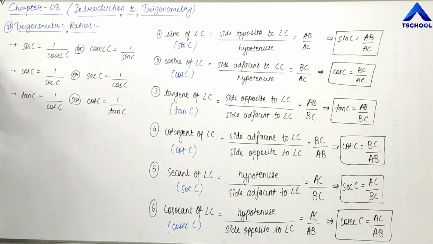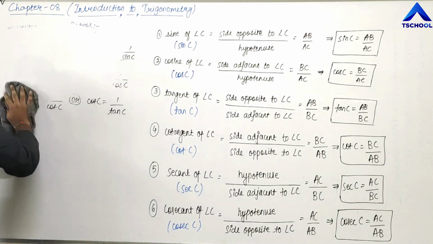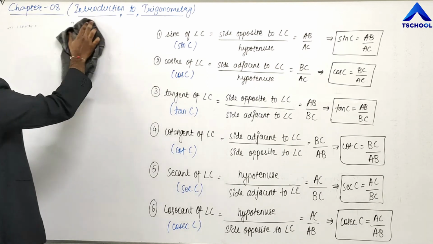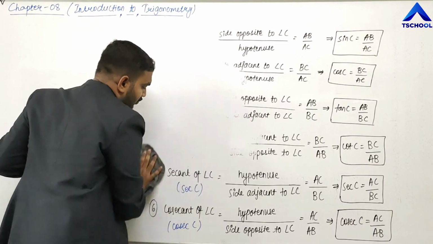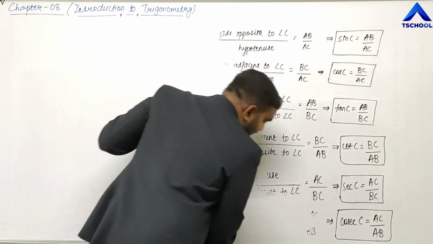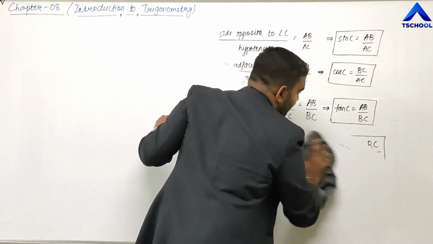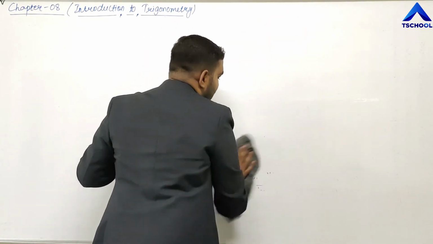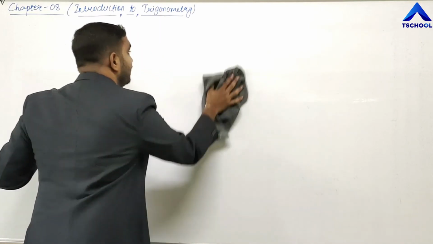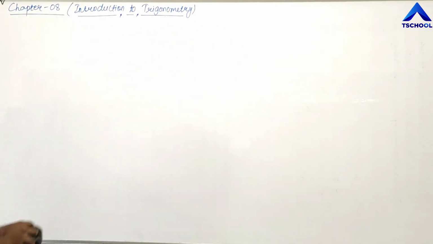So this must be clear now, right? Now friends, after seeing what the trigonometric ratios are, we will see how we can obtain these trigonometric ratios when you are given a real example. So let us see one of the examples here, that I have a question.